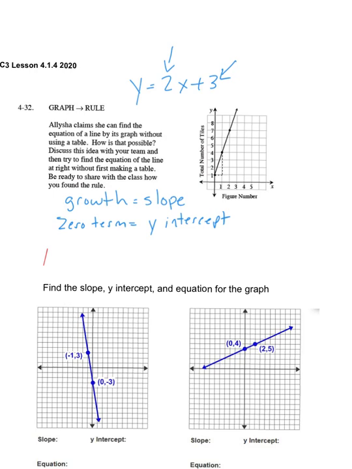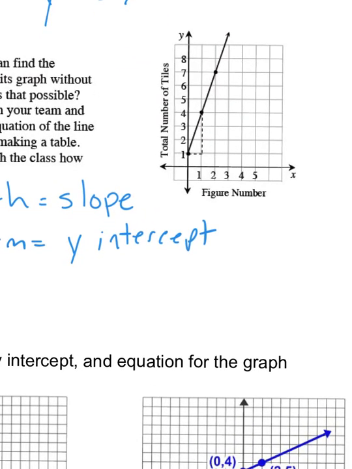So if we look at this graph, our y-intercept, meaning where does it hit the y-axis? Well, that's right here. So the y-intercept is going to be positive 1. So when we get to our equation, y equals something, which is our growth, and then plus something, well, that's the intercept, so it's going to be plus 1.